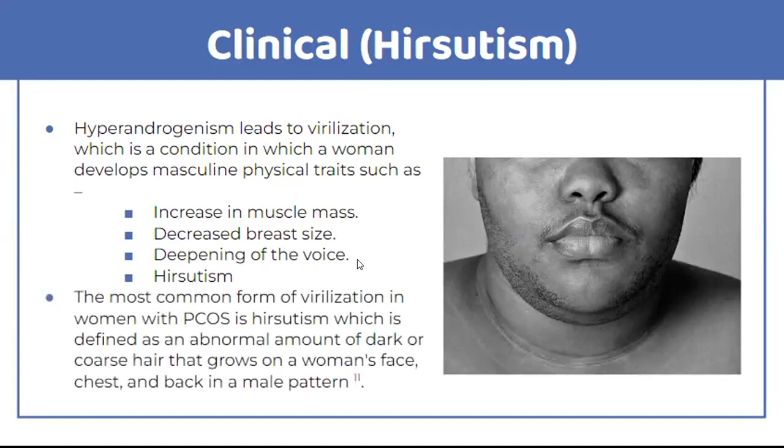Hirsutism. What is hirsutism? It is one of the most common forms of virilization in women with PCOS, which is defined as an abnormal amount of dark or coarse hair that grows on a woman's face, chest, and back in a male-like pattern.